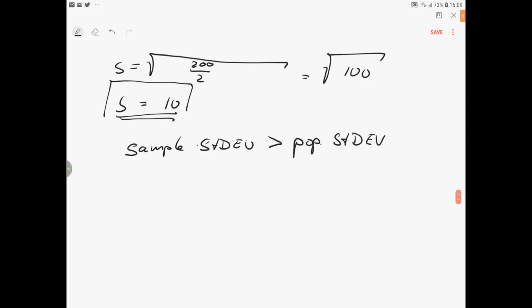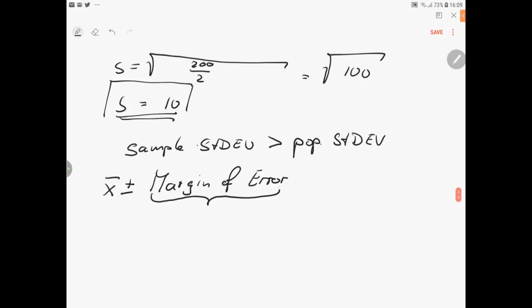Where is our range for the mean? And for this, we can say it is x bar plus minus the margin of error. How do we get this margin of error?